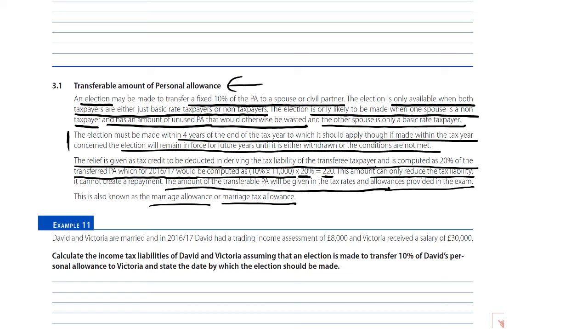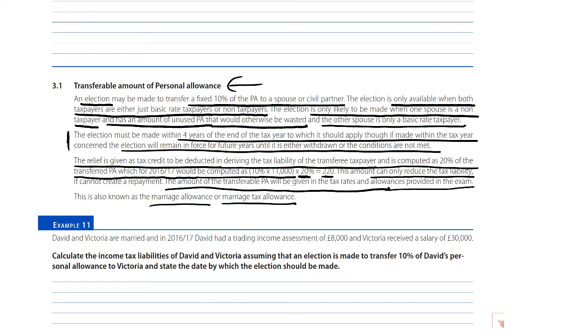It's just another name for the transferable amount of the personal allowance. So in terms of applying it, it's only going to be when you've got either spouses or civil partners, where one is a non-taxpayer because their level of income is less than the personal allowance, and the other spouse is just a basic rate taxpayer, not higher, not additional, just a basic rate taxpayer.